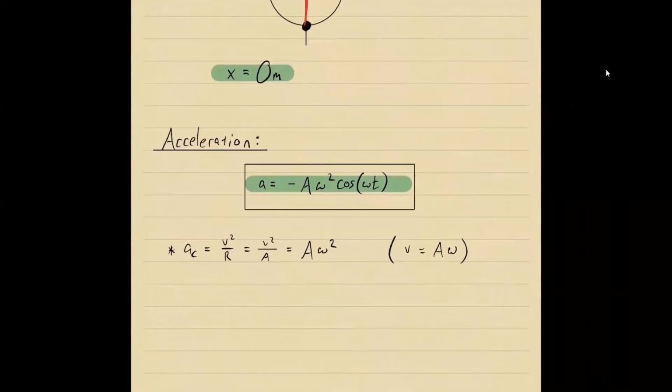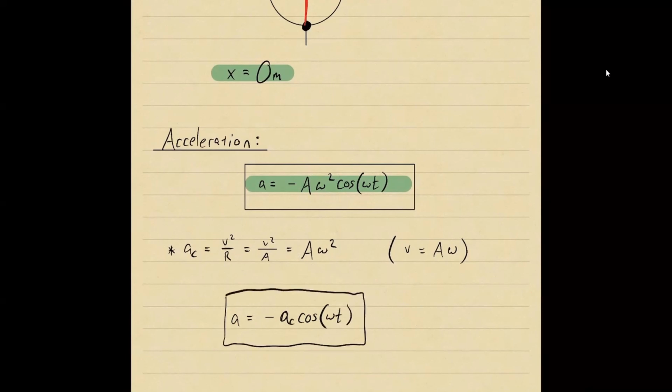So the acceleration of our object: if this thing is the magnitude of our centripetal acceleration, notice that that's precisely what we have here. So our acceleration is just minus the centripetal acceleration times cosine omega t. This is like an alternate form.